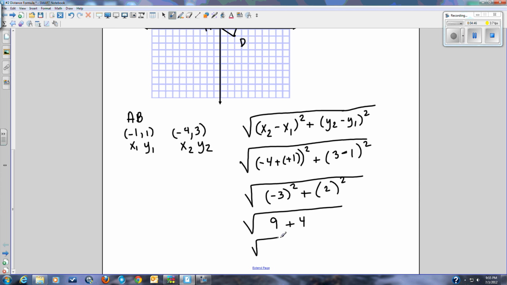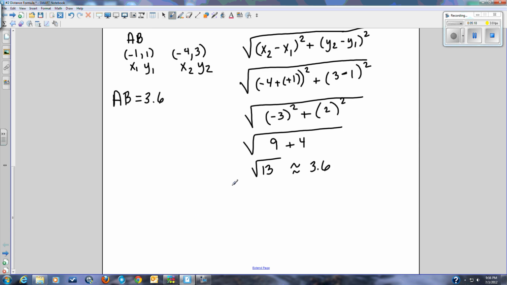So we end up with the square root of 13. And if we use a calculator to approximate that, we get approximately 3.6. That is the length of AB. So AB equals 3.6.